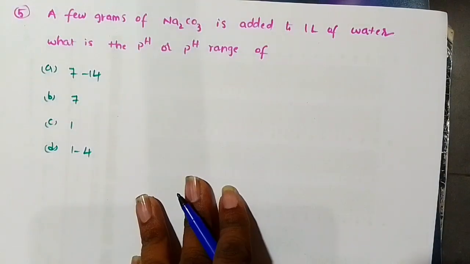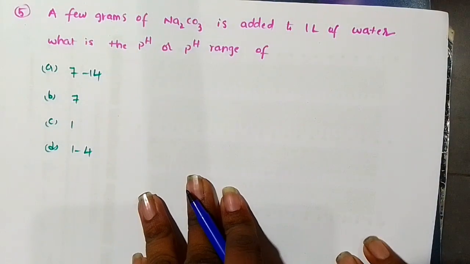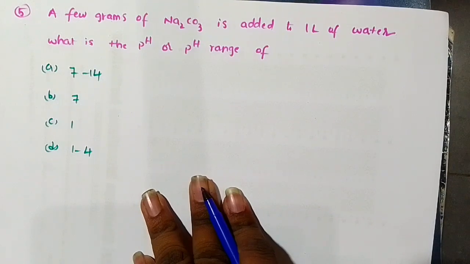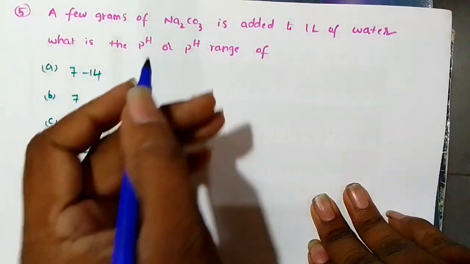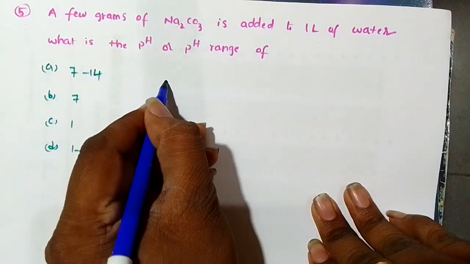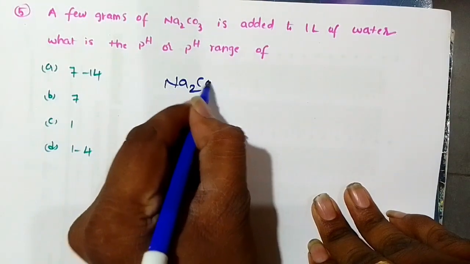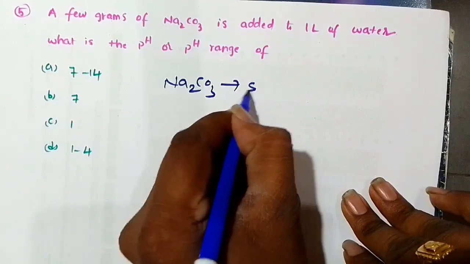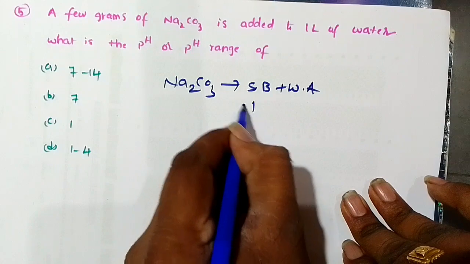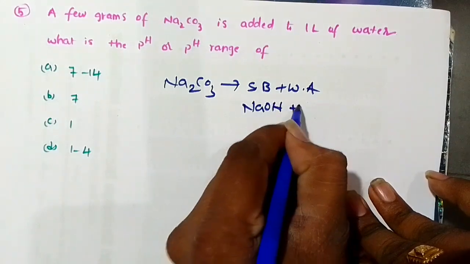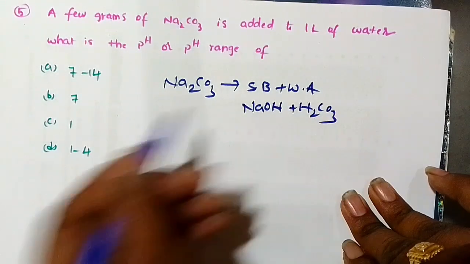Coming to the next question. A few grams of sodium carbonate is added to 1 liter of water. What is the pH range? Sodium carbonate is a salt of a strong base, sodium hydroxide, and a weak acid, carbonic acid.